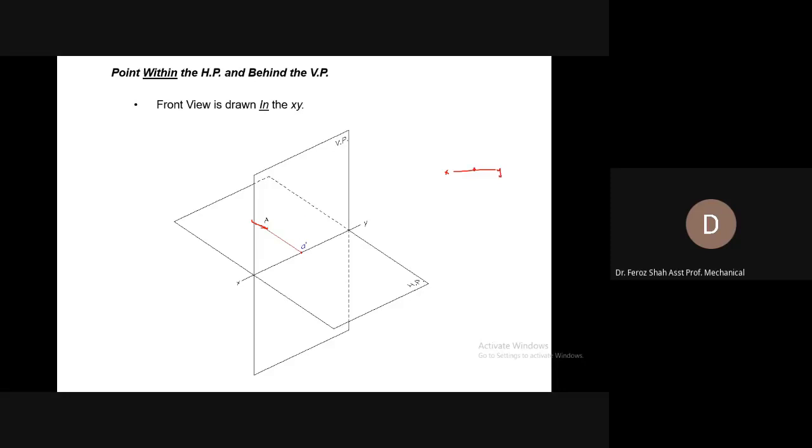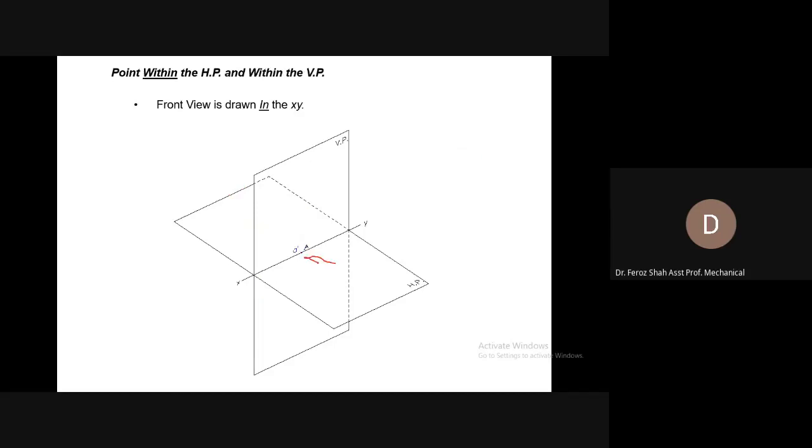And you can see for the top view, looking at it from the top or from the bottom, its top view would be formed at the horizontal plane, and after rotating the horizontal plane about 90 degrees clockwise, this point would be rotated to this position on the vertical plane above the XY reference. So the front view is still within the XY reference line and the top view above the XY reference.